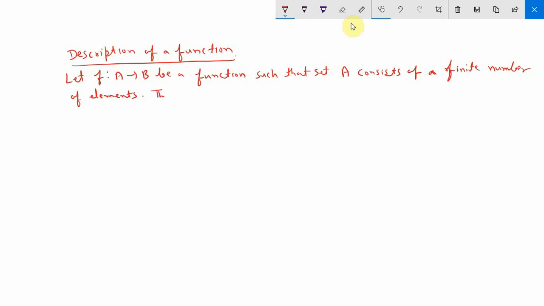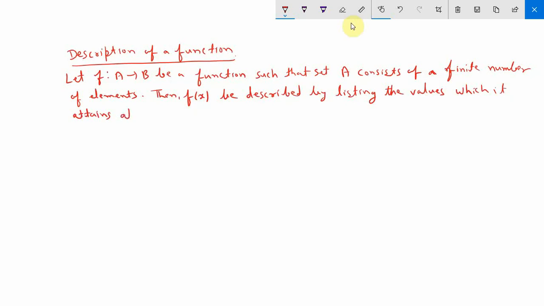Then f(x) can be described by listing the values which it attains at different points of its domain.